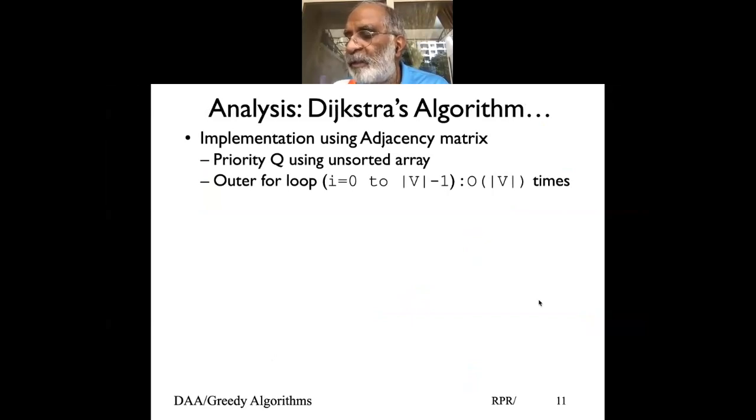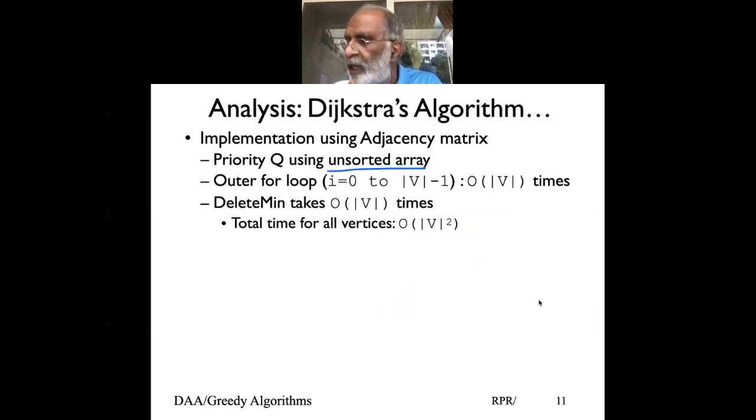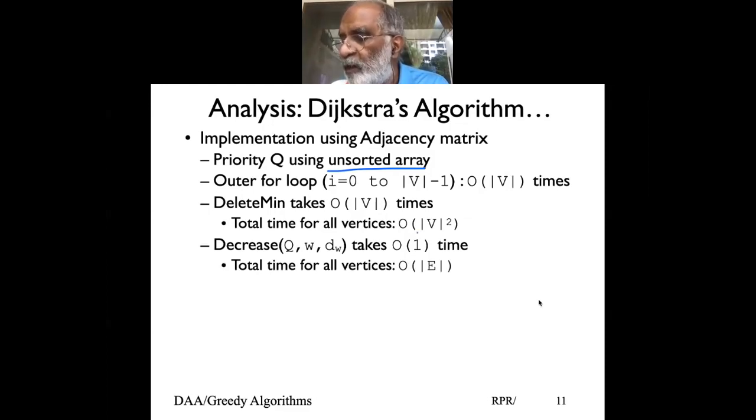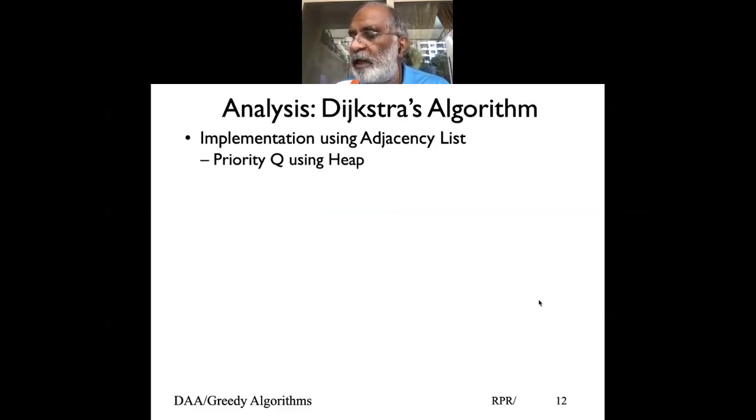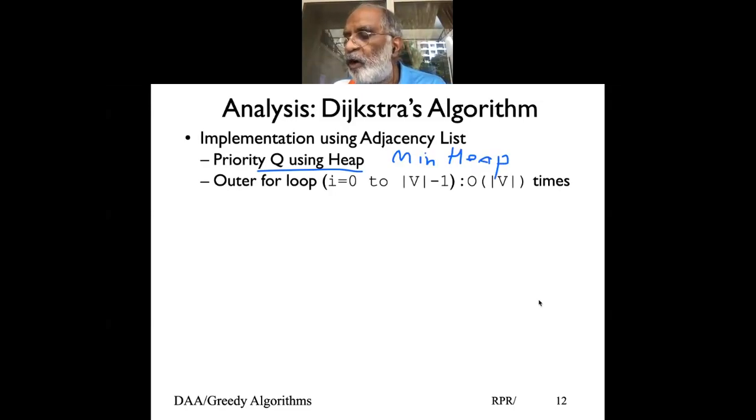If you are doing an adjacency matrix using an unsorted array, we already said time taken would be order n square, because decrease takes order 1, but minimum takes order v time, hence it is order n square. If you were to use an adjacency list and maintain a min heap, then the outer loop is again order n times.